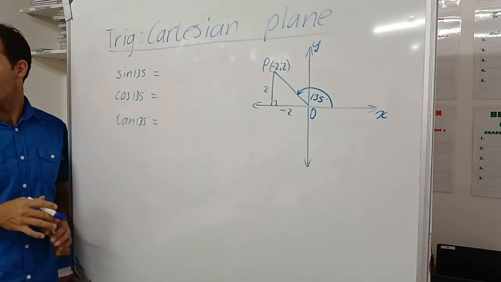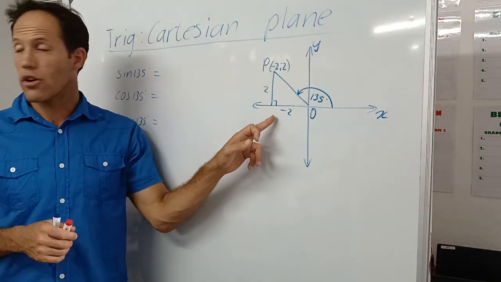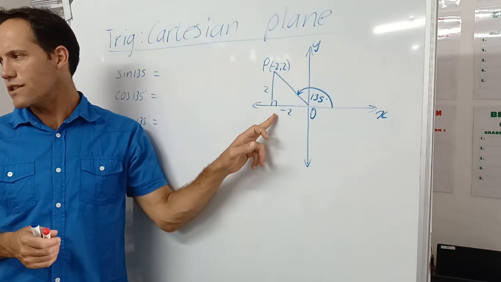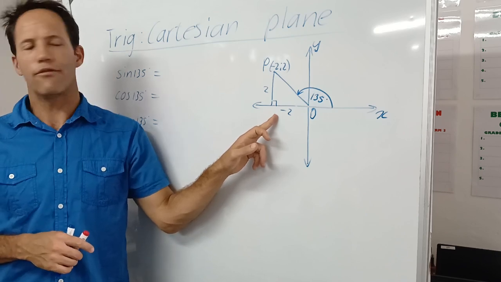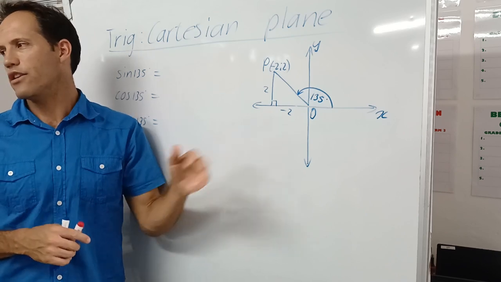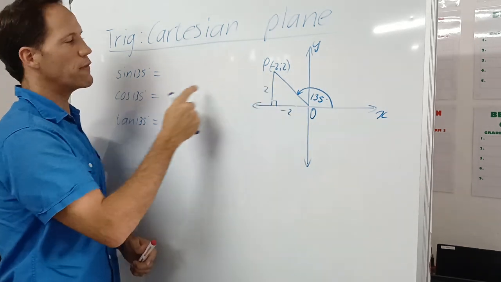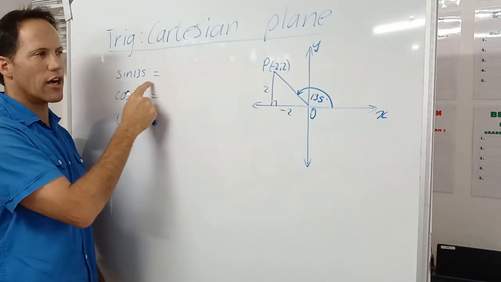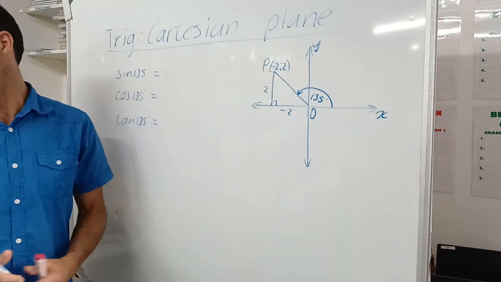So most of the time, you can actually say always, when we give you a question with a Cartesian plane, the first thing you're going to do is use Pythagoras to find the missing side, because we normally give you two of the sides, and then you use Pythagoras to find the third side. So we need to find OP first, before we can find sine 135, opposite over hypotenuse.